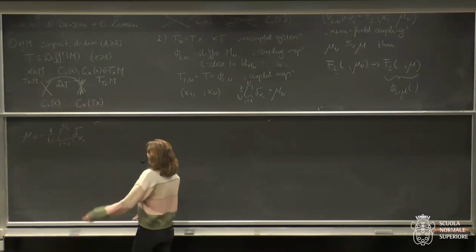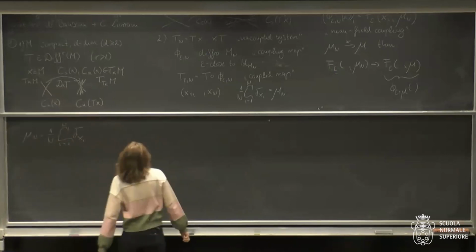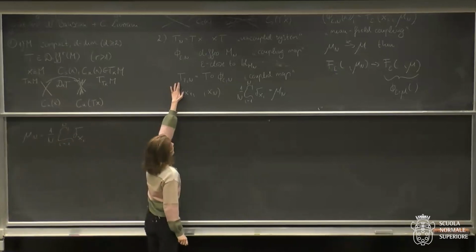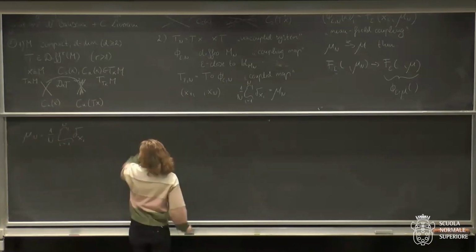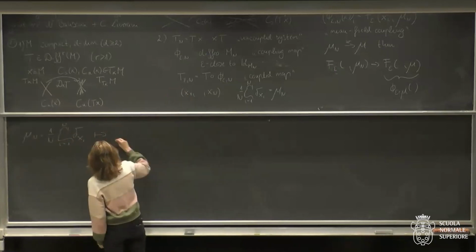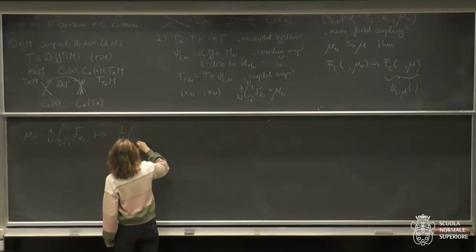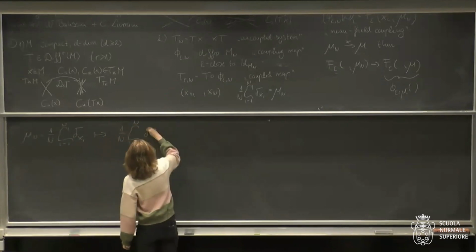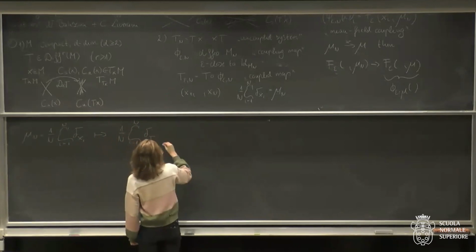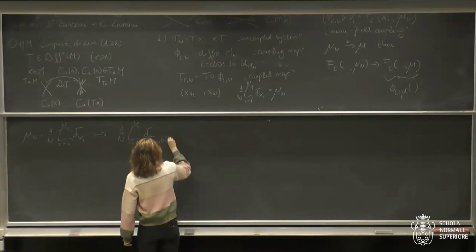And where does this go if I apply this map to this vector? This goes to the average of Dirac masses supported on the T epsilon n image of X.